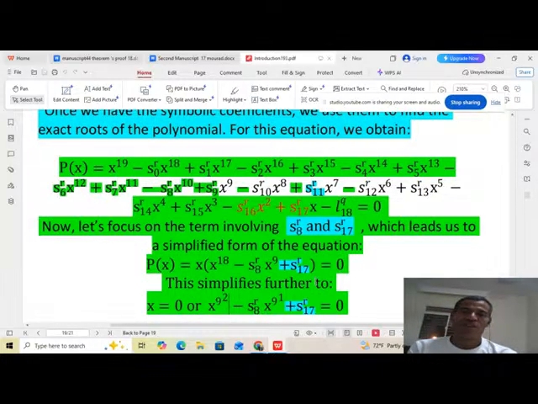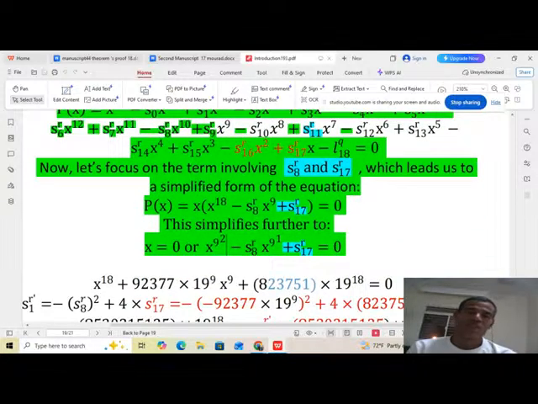This simplifies further to x equals 0, or x raised to the power 18 minus S8 x raised to the power 9 plus S17 equals 0. Here I will try to find the value of S0 and S1. S0 is 0 always, so I will find S1, which is equal to negative S8 squared plus 4 times S17.